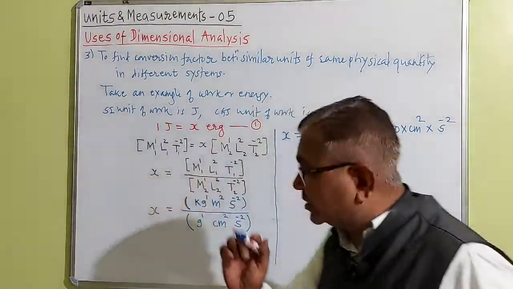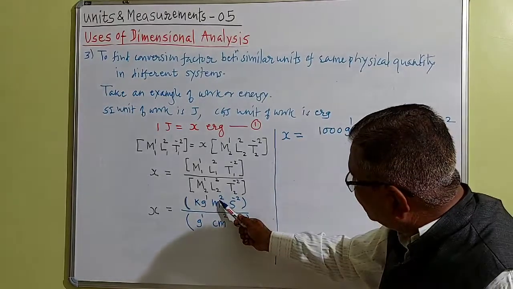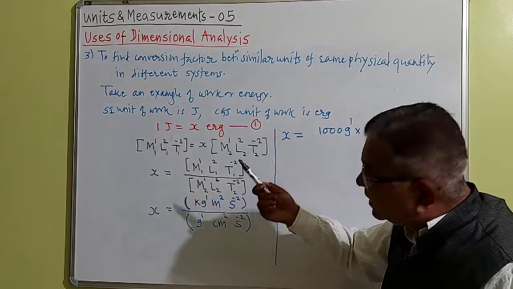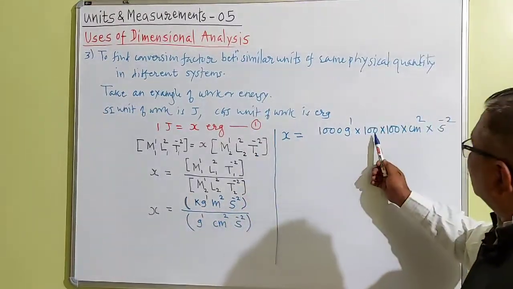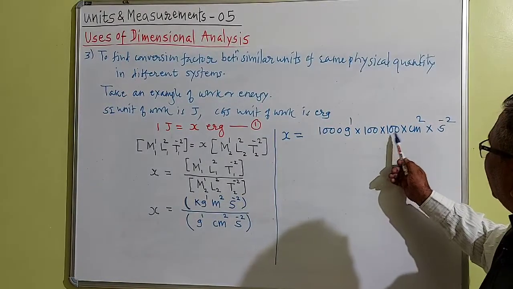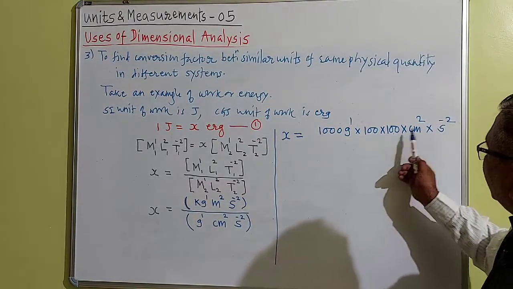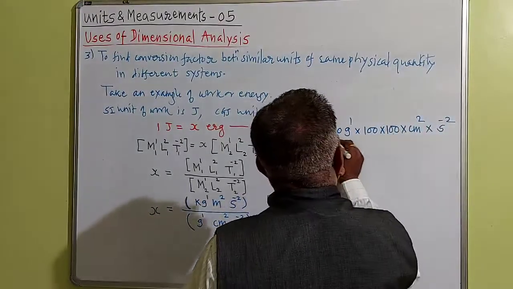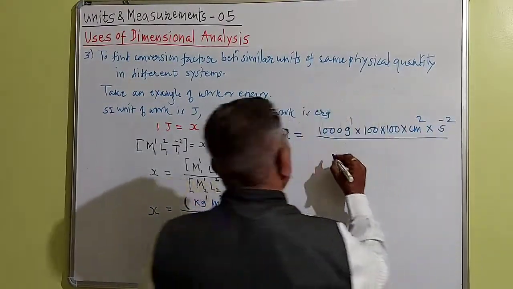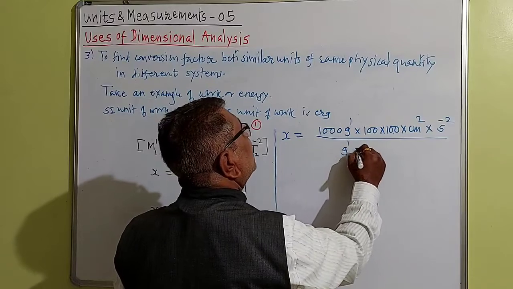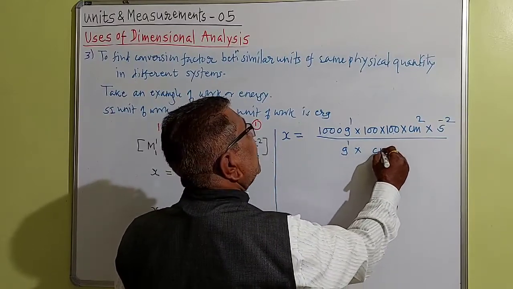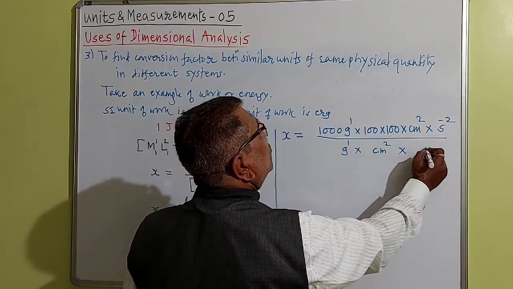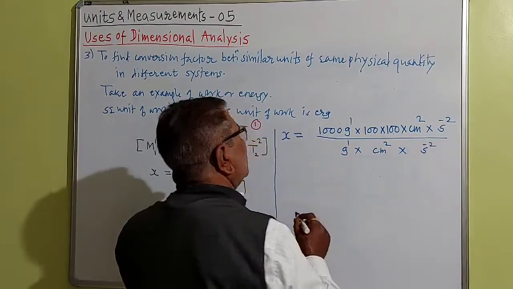Remember well, dear student, convert meter into centimeter 2 times: 100 into 100 centimeter square upon gram 1 into centimeter 2 into S minus 2.